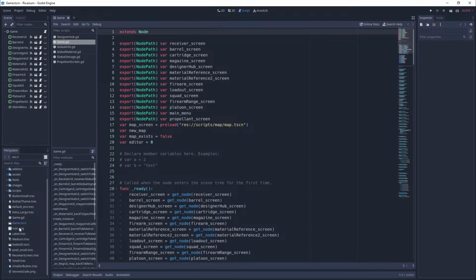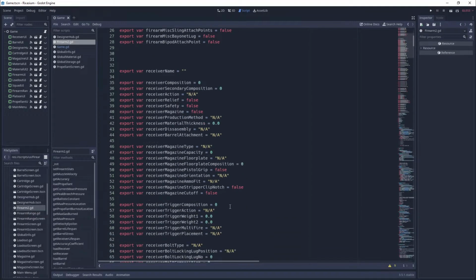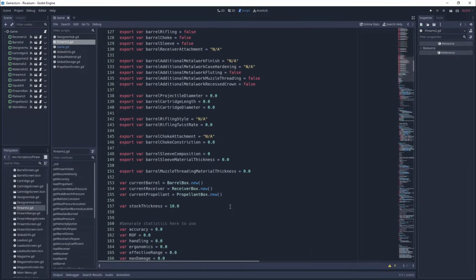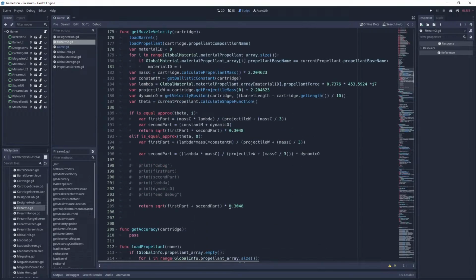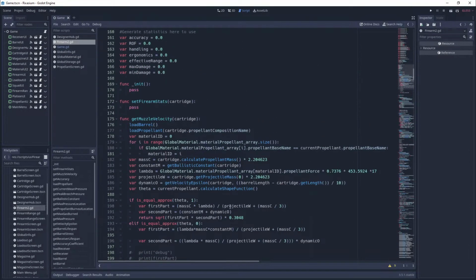So we're going to have to work on our firearm here. This is just going to export the results.